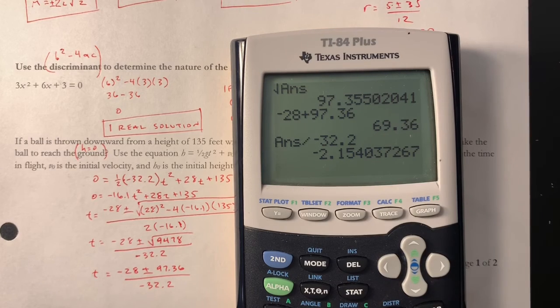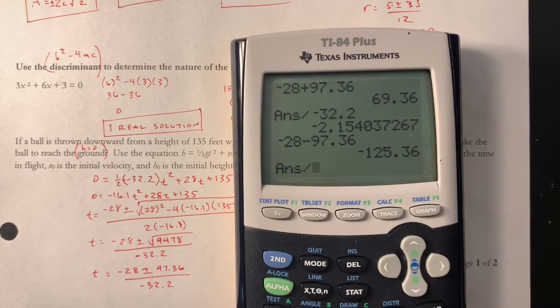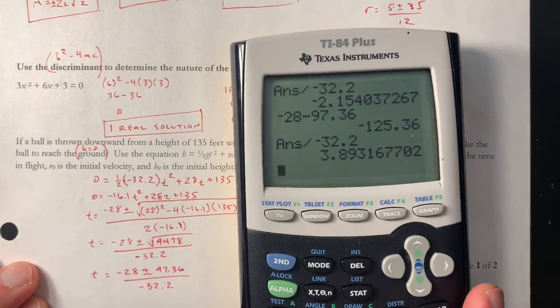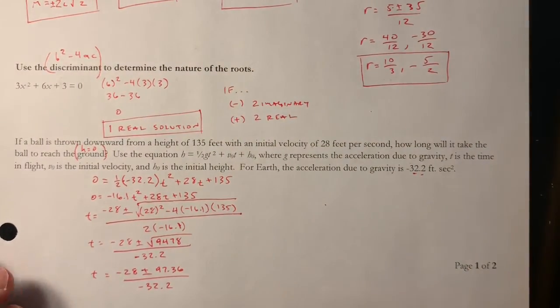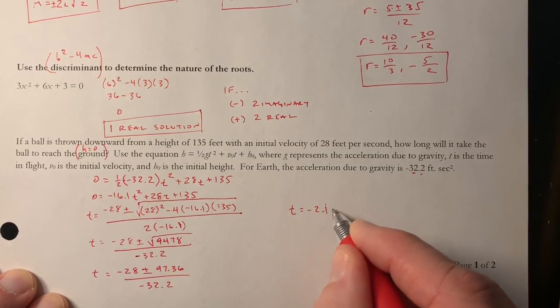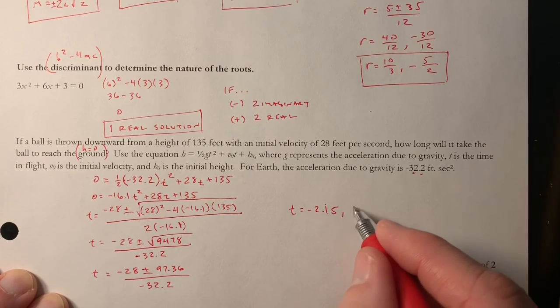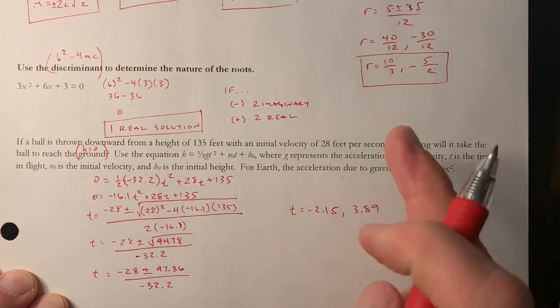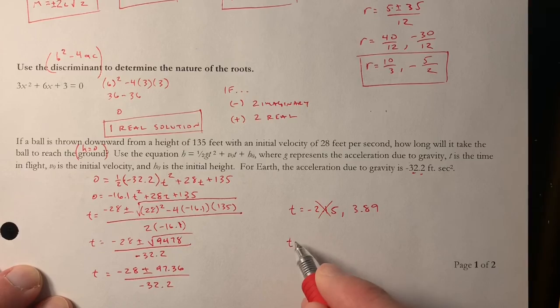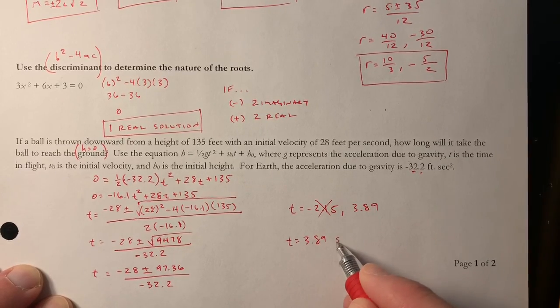Then once with a minus, so negative 28 minus 97.36 divided by negative 32.2, and we've got 3.89 seconds. So our two solutions are negative 2.15 seconds and 3.89 seconds. Okay, a negative amount of time does not make sense, so we're going to have to throw out that negative solution. So our time is 3.89 seconds.